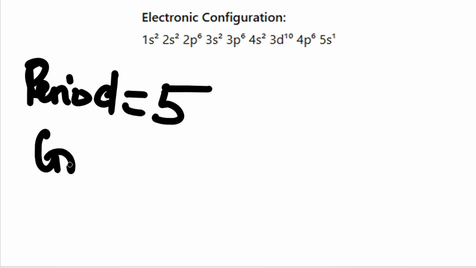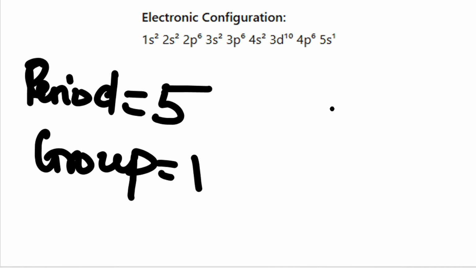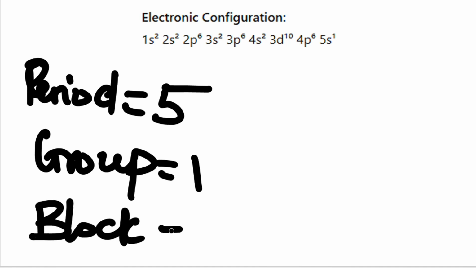And then which group? On that period 5, it's going to be 5s1. The 5 is bringing only one orbital, and that one orbital contains only one electron, so there's no need to sum from anywhere again. So that's group 1. And then the block: the last electron is entering an s orbital, so it's an s block.